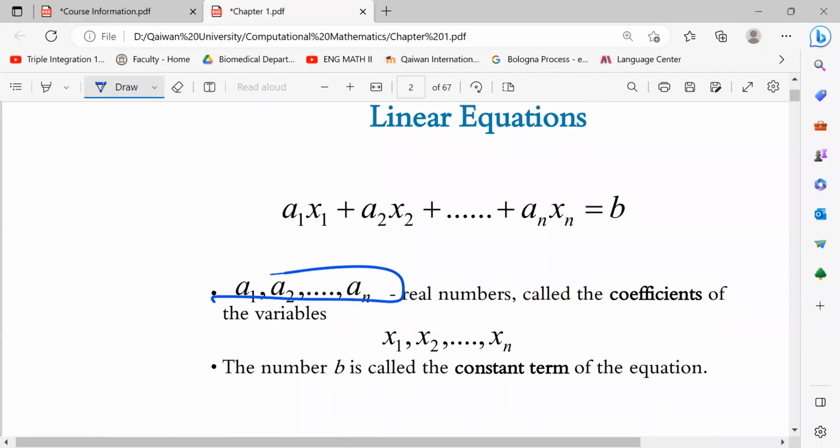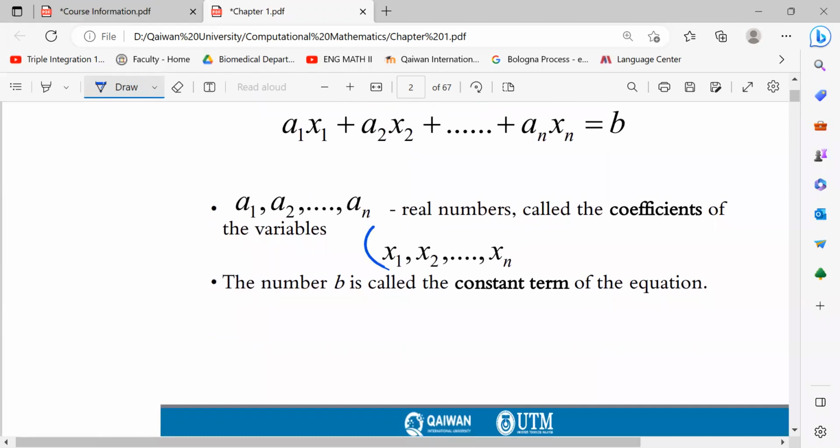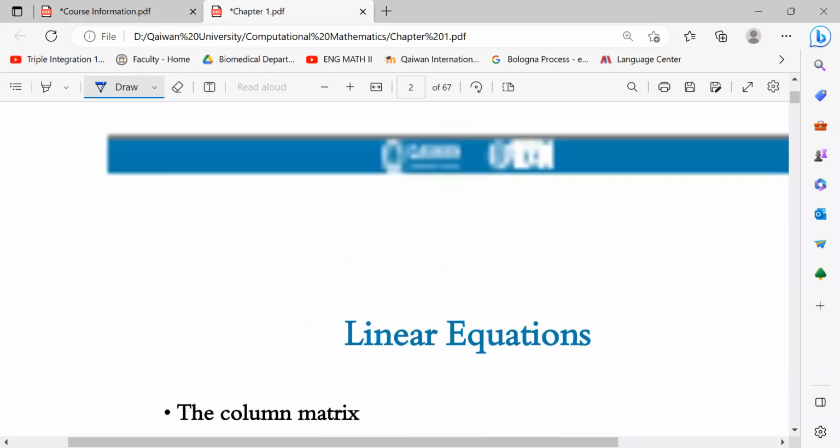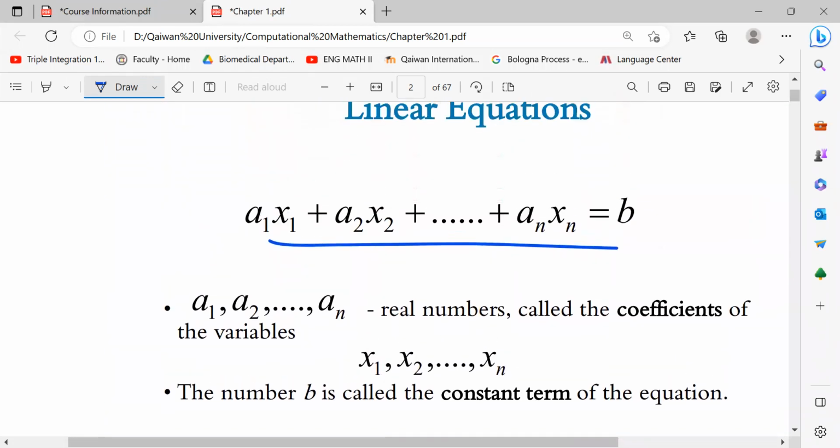As you see, a1 up to an are real numbers called coefficients, and x1 up to xn are the variables. And here, the constant term in the equation is b. It's the term that doesn't include x or the variable.